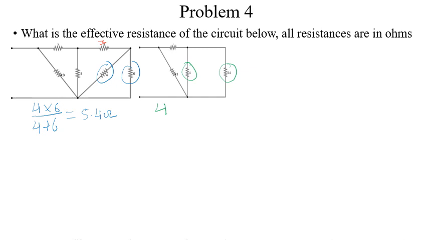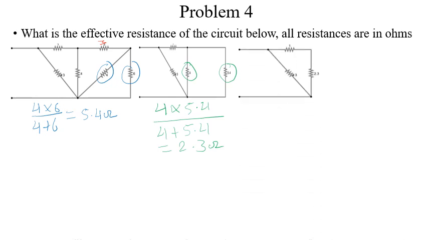So we have 4 times 5.4 all over 4 plus 5.4, which is equal to 2.3 ohms. As usual, we have to redraw our circuit again, then we'll know how to analyze it from here.